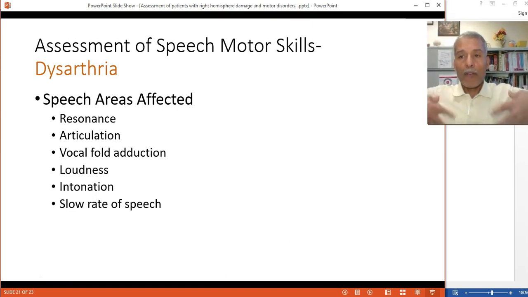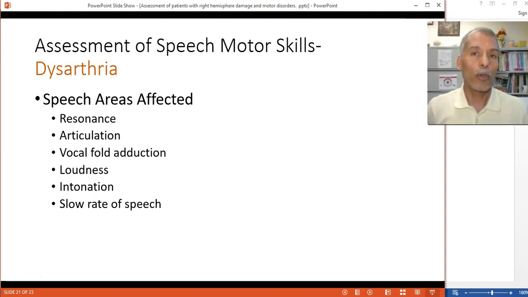If you don't have enough air supply in your lungs, you will not be able to build up pressure beneath the vocal folds to make your voice louder, or to raise your loudness up and down and modulate and have control over your voice. So intonation will be affected, and it is your job to evaluate all of these areas and see to what extent each area is impacted.